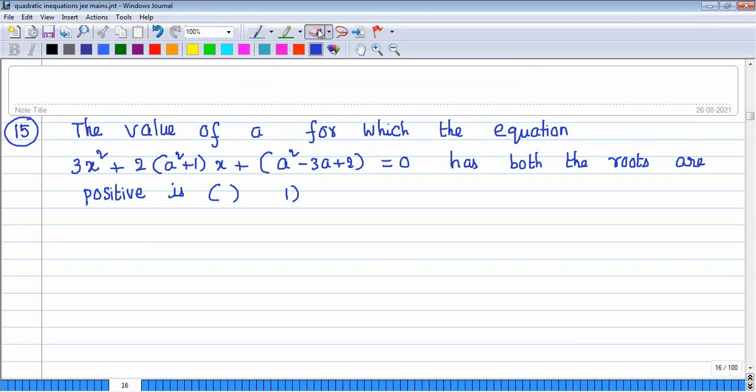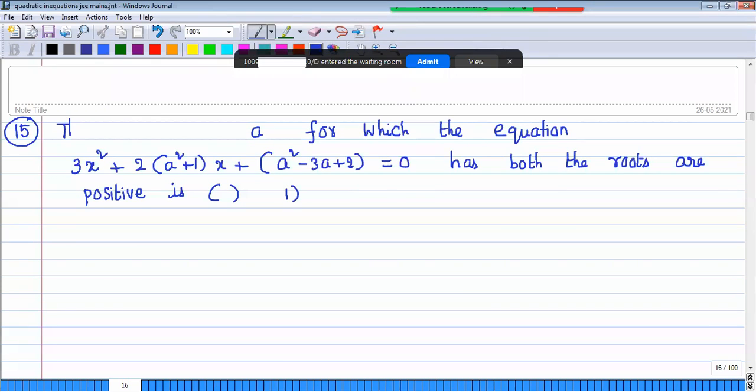Better you write it like this, because we cannot find the exact one value of a. Better you can change it like this: the least integral value of a for which the equation 3x square plus 2 of a square plus 1 of x plus a square minus 3a plus 2 is equal to 0 has both the roots positive.